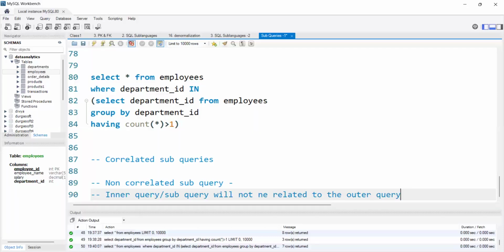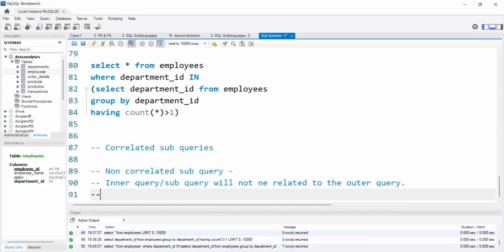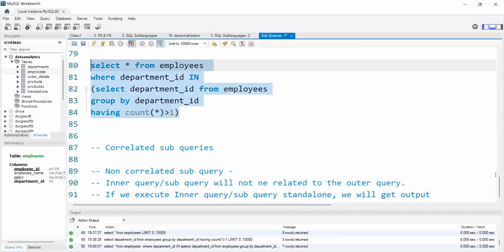That means if we execute the inner query or subquery standalone, that is, separately, we will get output, right? Here I have my multi-row subquery.